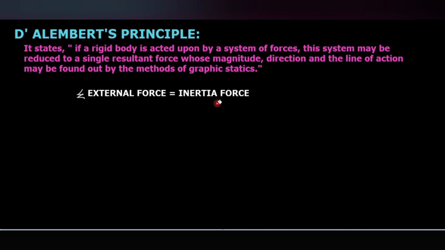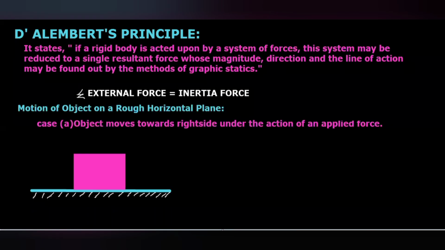Okay, for different types of cases, we are going to discuss D'Alembert's principle. First, motion of an object on a rough horizontal plane. Here also two cases we are going to discuss: either the object moves towards the right side or towards the left side.